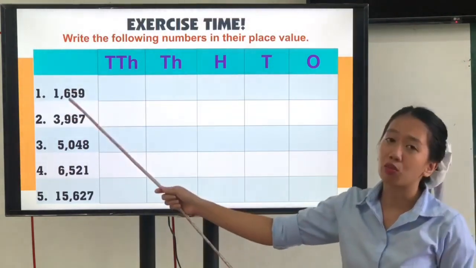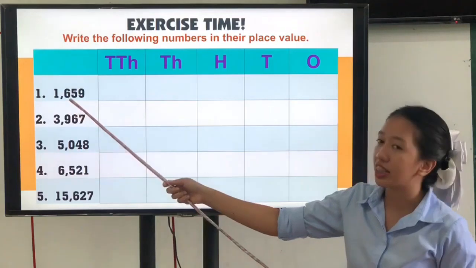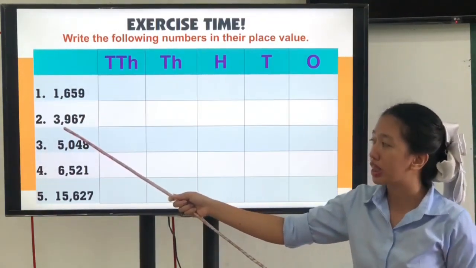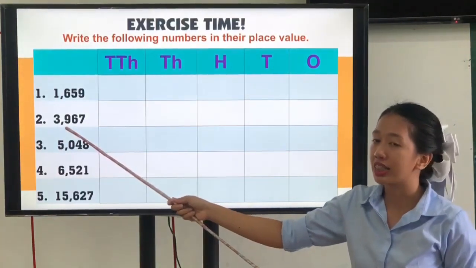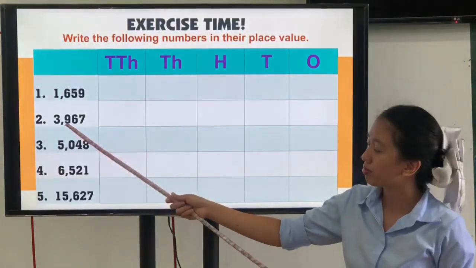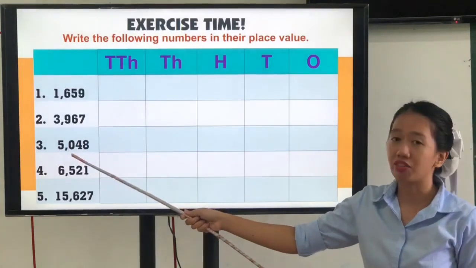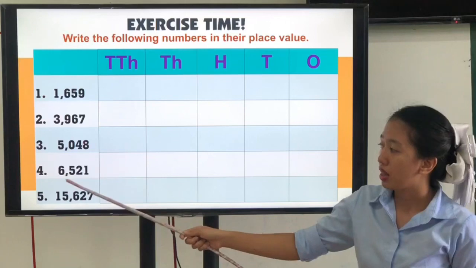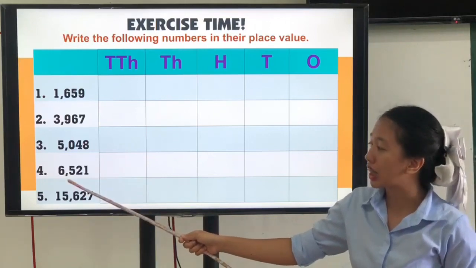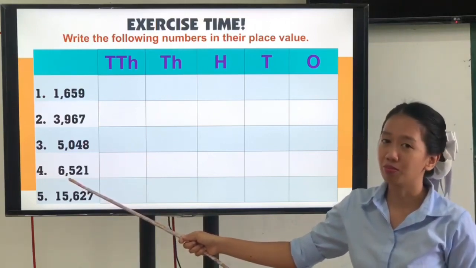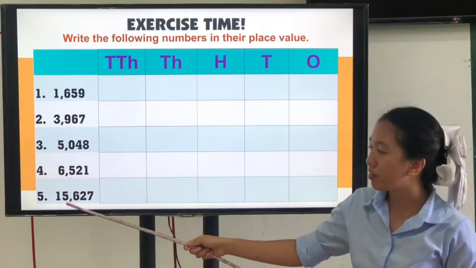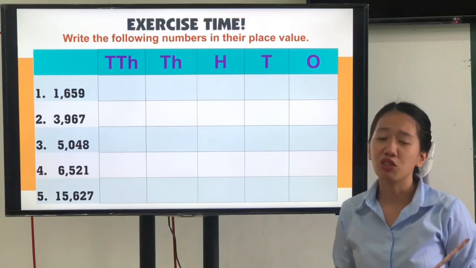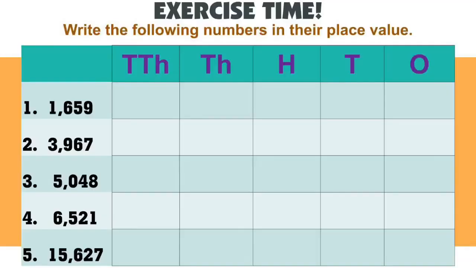Number 1, we have 1,659. Number 2, we have 3,967. Number 3, we have 5,048. Number 4, 6,521. And number 5, 15,627. I give you 5 minutes to answer.